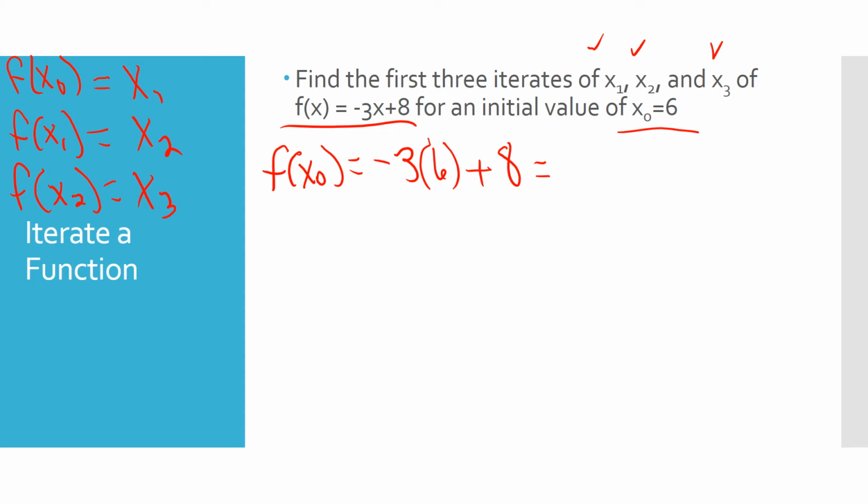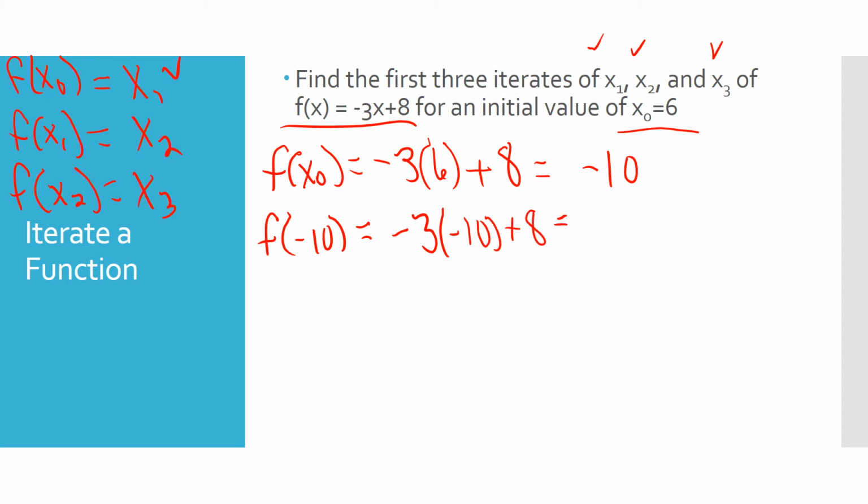Negative 3 times 6 is negative 18, plus 8 gives me negative 10. Now, if I take f of negative 10, which is x subscript 1, to find x subscript 2, I've got negative 3 times negative 10 plus 8.